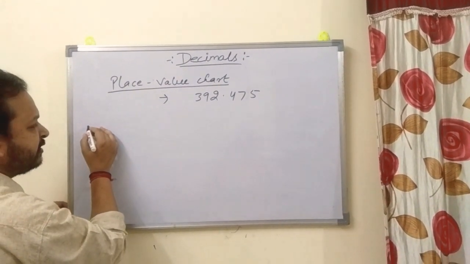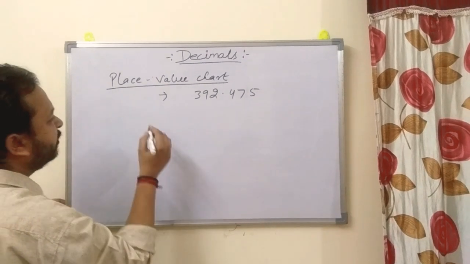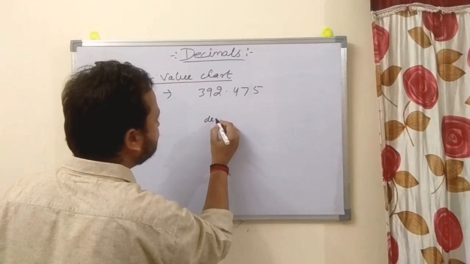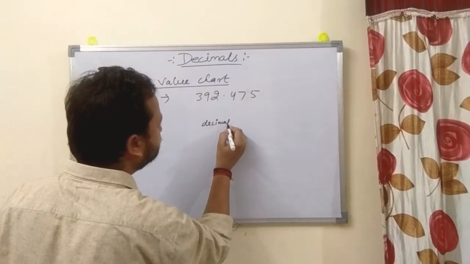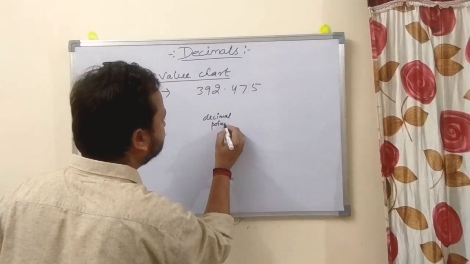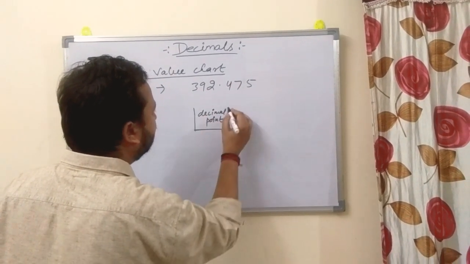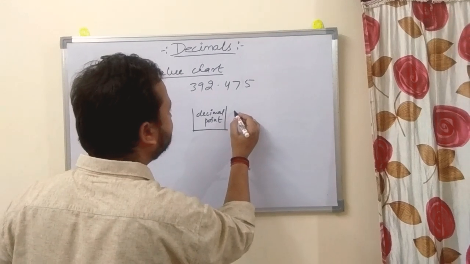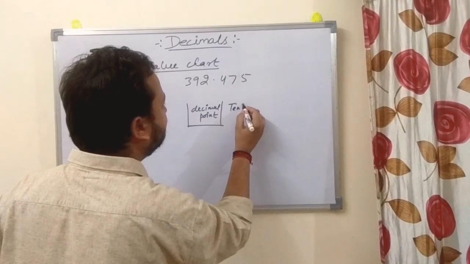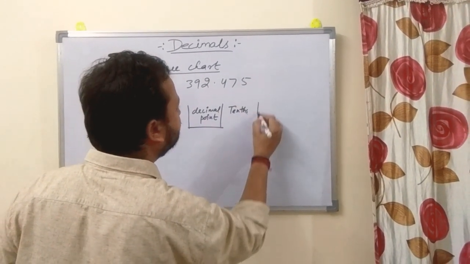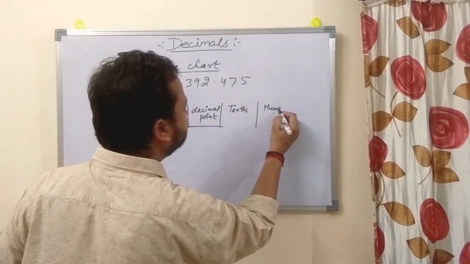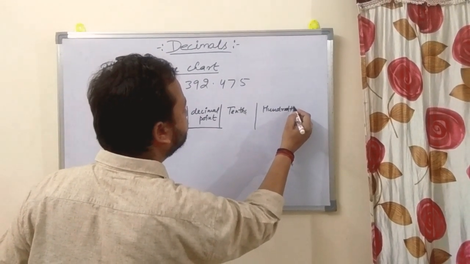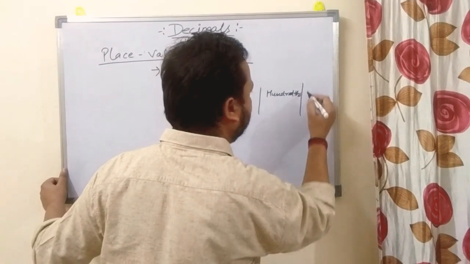So first we have to understand the place value chart. Here is the decimal point. After that, this is written as tenths, hundredths and thousandths.